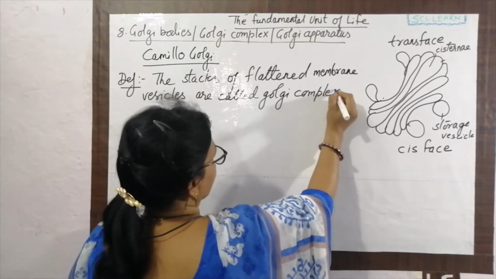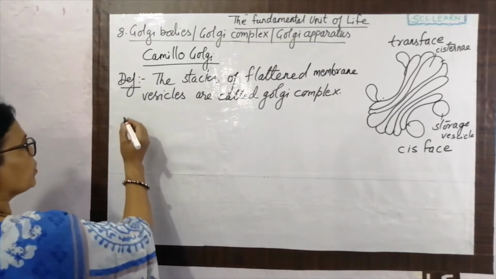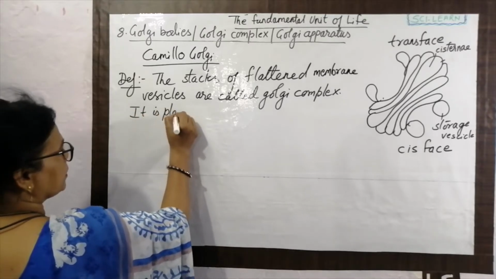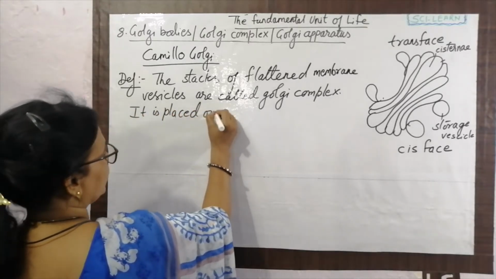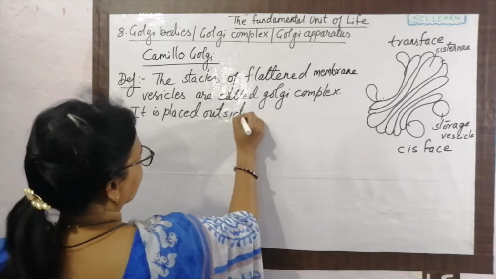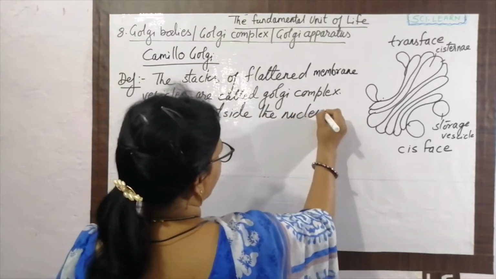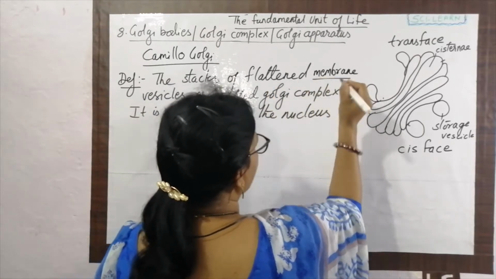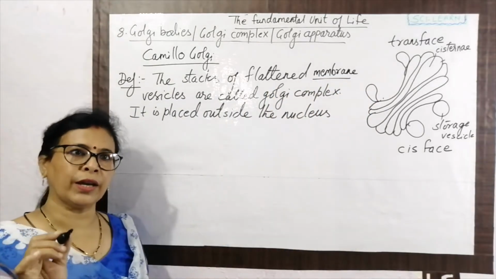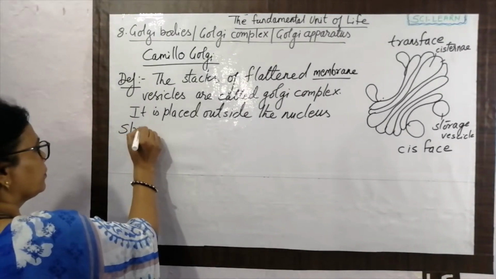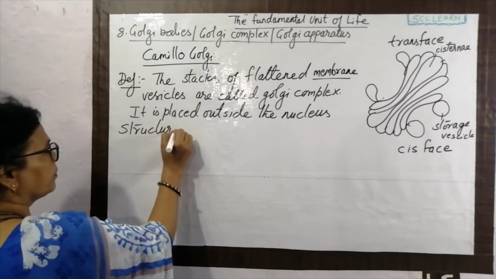It is placed outside the nucleus. As it is membrane bound, it is present in the eukaryotic cell. Now, what about the structure of this organelle?